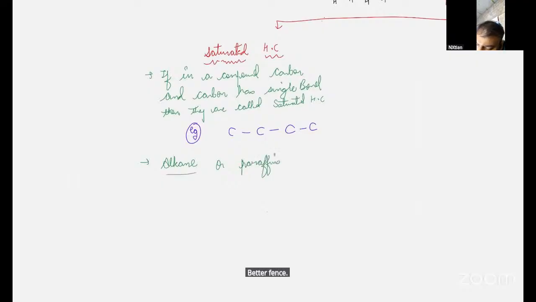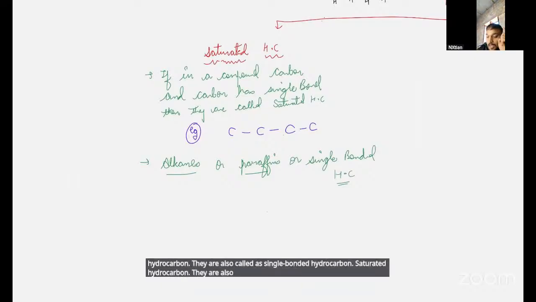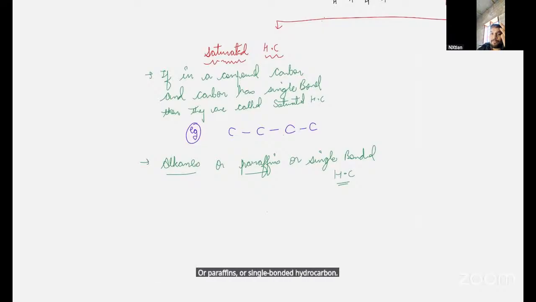Alkanes or paraffins. Saturated hydrocarbon is also called alkanes or paraffins. They are also called single bonded hydrocarbon. Saturated hydrocarbons are called alkanes or paraffins or single bonded hydrocarbon.